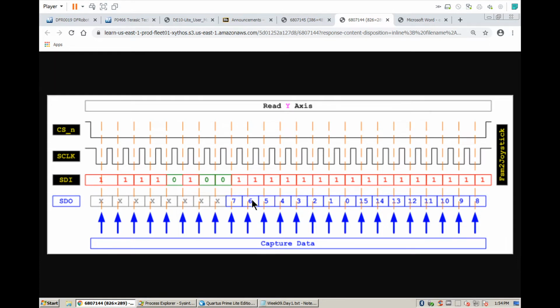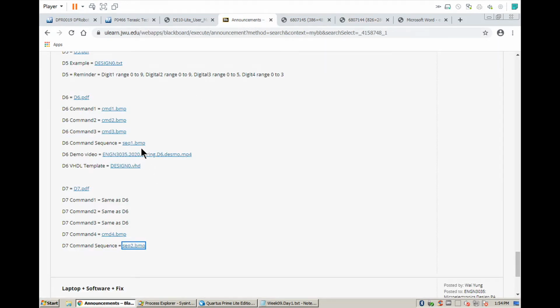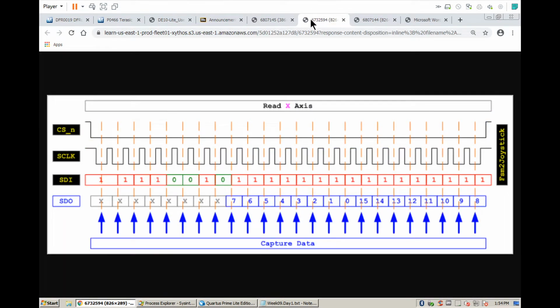If you look at this command, pay attention to this command. This is the y-axis. If you look at the x-axis, they are almost identical. The bit pattern is 1111, four ones, 0010. If you look at the y-axis, it is 1111, four ones, 0100.